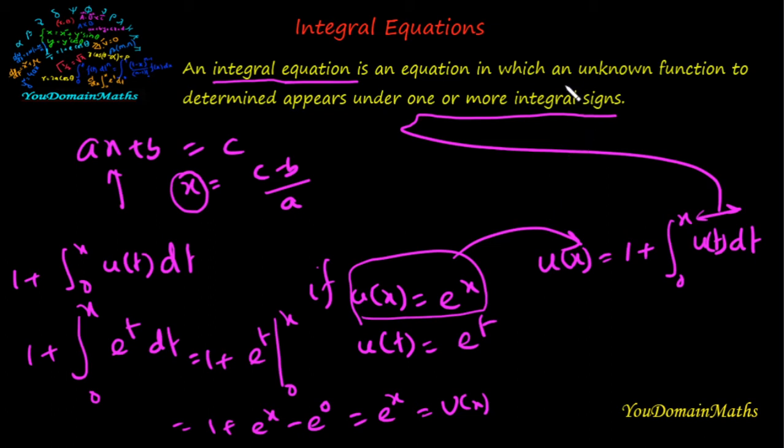That is defined as an equation where an unknown function to be determined appears under an integral sign. When an equation is in this form, it is called an integral equation. Now let's see what types of integral equation there are.